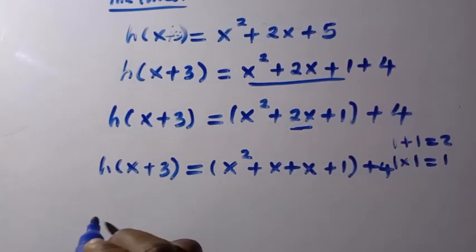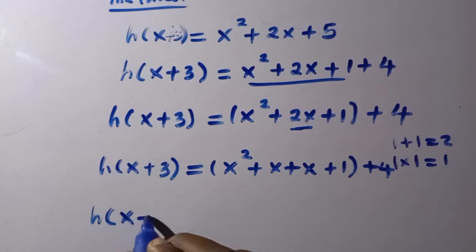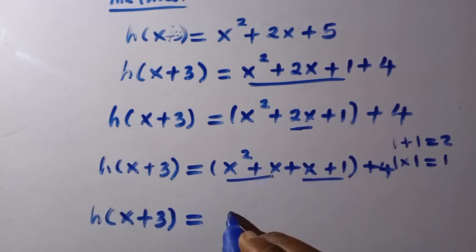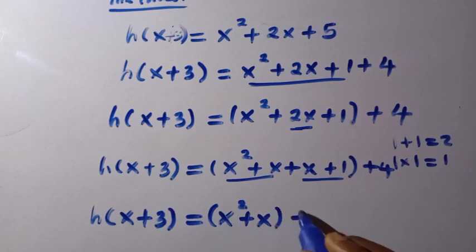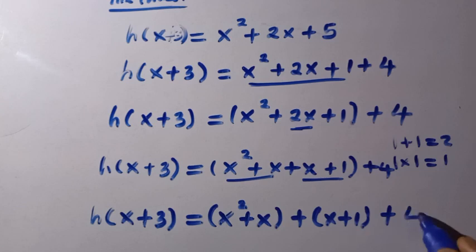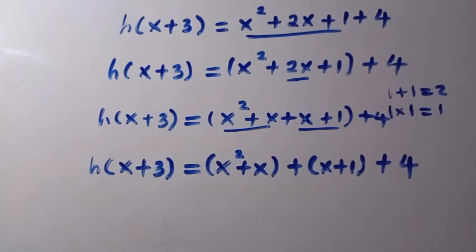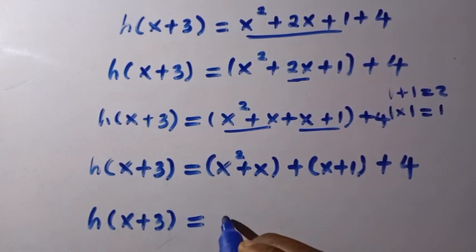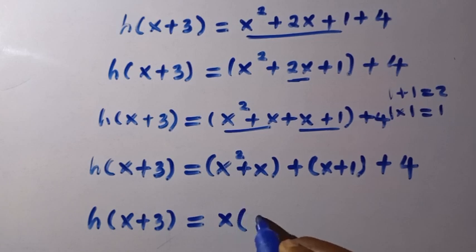In the next step, h of x plus 3 equals, combining this together and this together, x squared plus x, and also x plus 1, plus 4 at this side. Then h of x plus 3 equals x, we factor out x, and we have x plus 1 in the bracket.